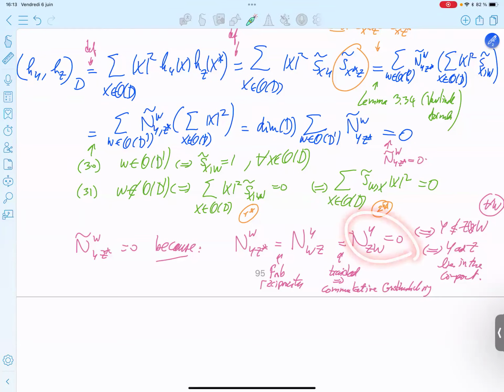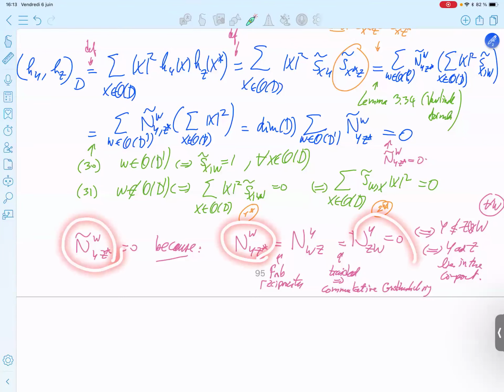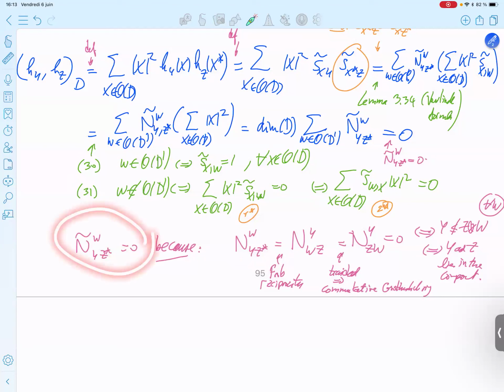But we know that if this is 0, then this is 0, because the multiplicity space corresponding to that is 0. And this, remember, is a renormalization of the trace of an endomorphism between this multiplicity space, which is also 0. So this is 0, we mentioned that yesterday. So this is equal to 0 here.